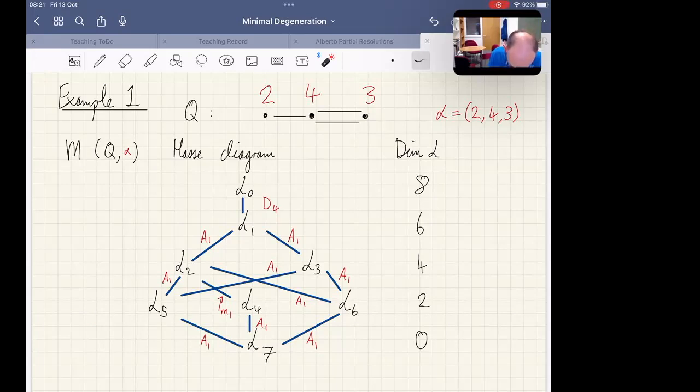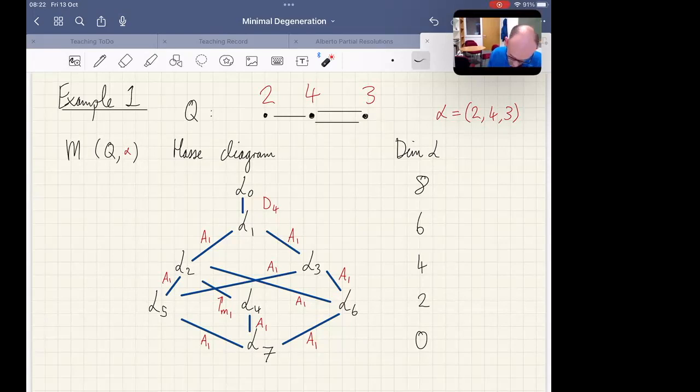And maybe the one interesting thing is that between leaf L2 and L4, there's a non-normal degeneration. So this tells you in particular that if I take this leaf L2, which is on the left-hand side, and take its closure, that's going to give me a non-normal leaf closure, because it's already non-normal in codimension 2.